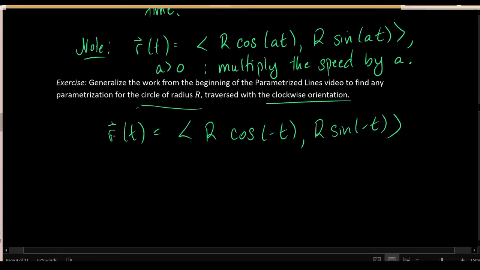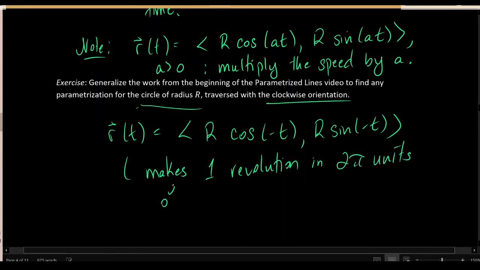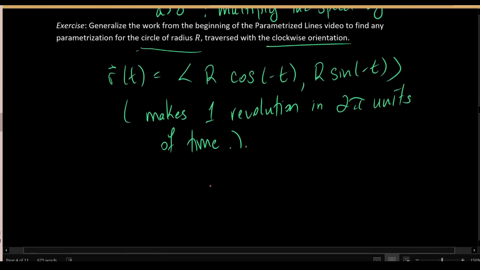And likewise, this parameterization makes one revolution in 2 pi units of time. Again, if you wanted to change the speed to make the object move faster or slower, then you would do that by multiplying the t by an appropriate scalar.